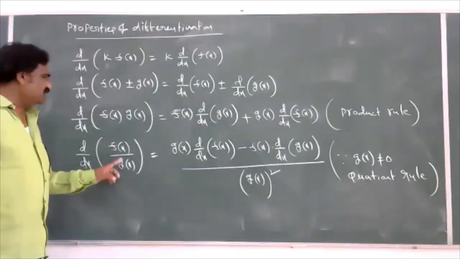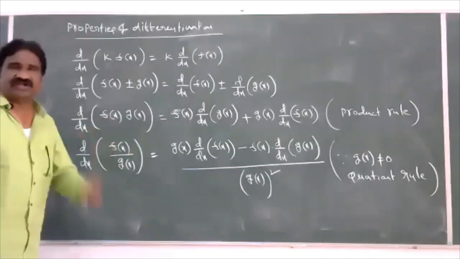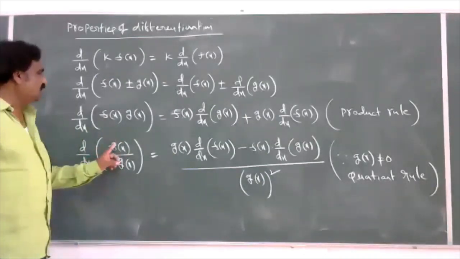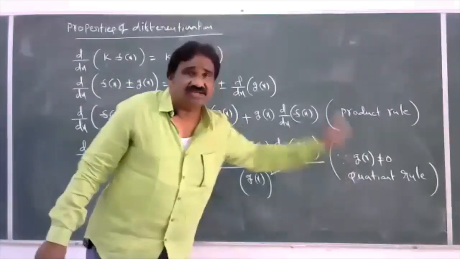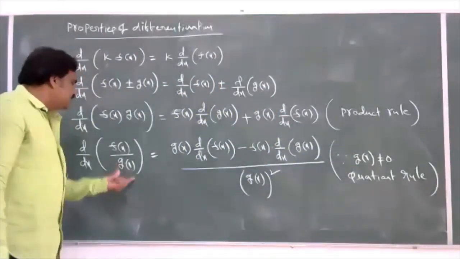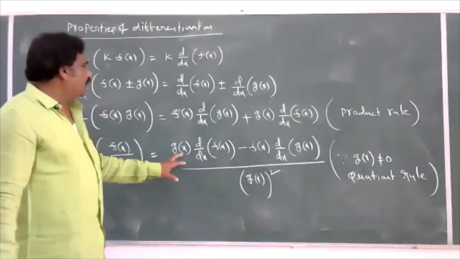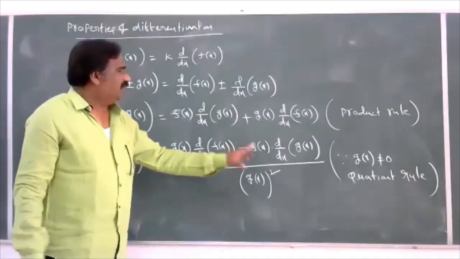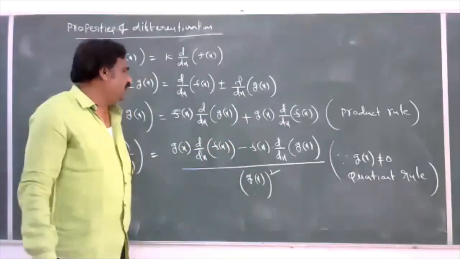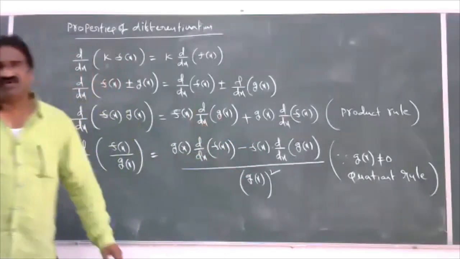Here f of x and g of x are real valued functions. That is d by dx of f of x by g of x, where g of x is not equal to 0: denominator into derivative of numerator minus numerator into derivative of denominator, by denominator square.